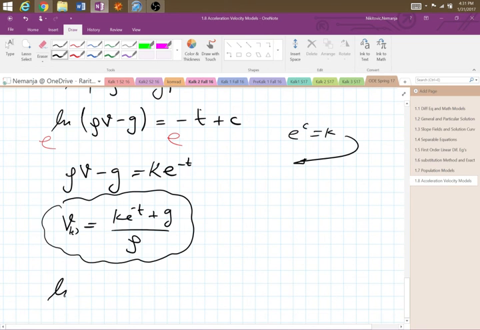So limit of k e to the minus t plus g over rho as time goes to infinity, because you let the time go to infinity to see what's the fastest it can go. And that concept will be known as v tau, terminal velocity.